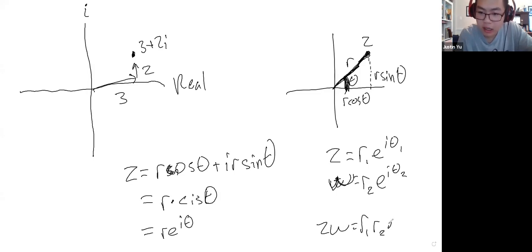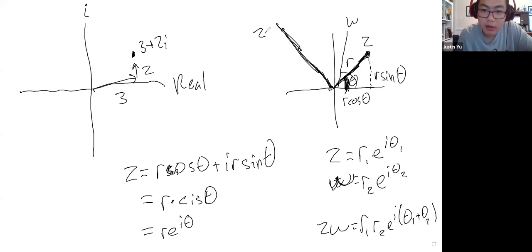Well, using our exponent properties, we get this. And this is cool because, let me draw it here. Let's say that this was equal to w, and that was theta 2. What we've just done is we just added these angles and multiplied their magnitudes. So this is zw.